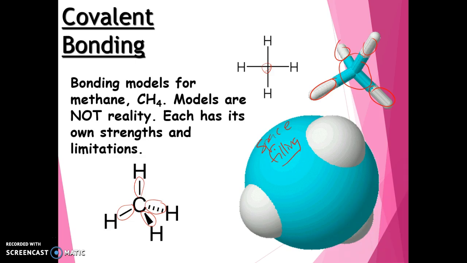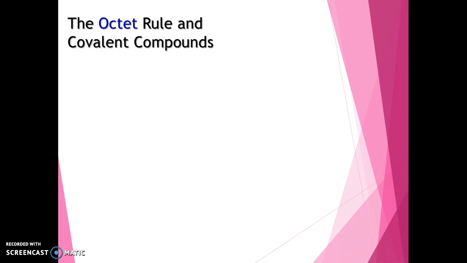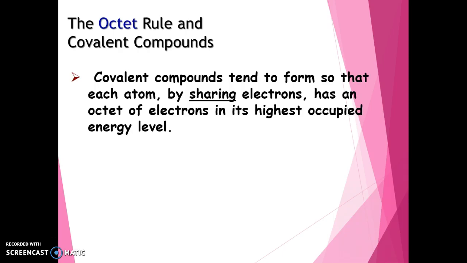We represent things in different ways, but today we're going to focus a little on Lewis structures and octet rules. The first thing we need to talk about is the octet rule in covalent compounds. Covalent compounds tend to form so that each atom, by sharing electrons, has an octet of electrons in its highest occupied energy level, which is the same as we've talked about before.